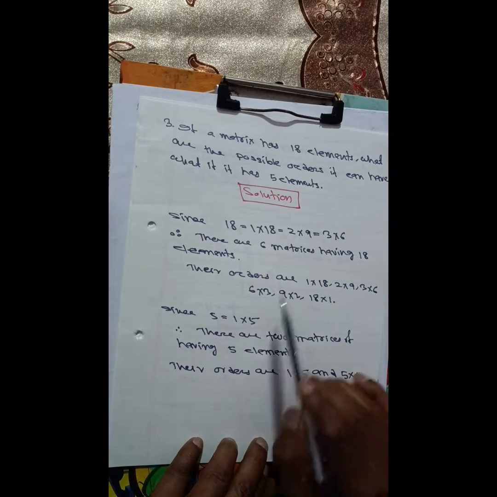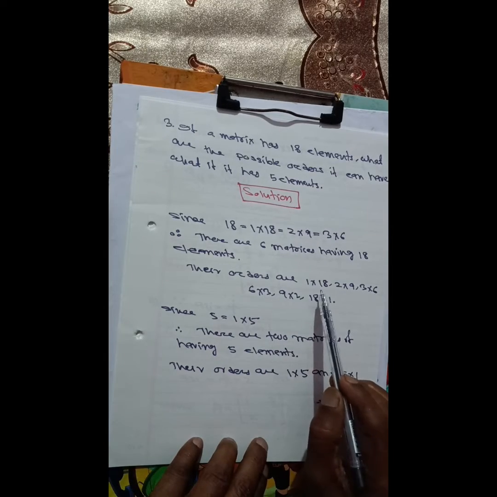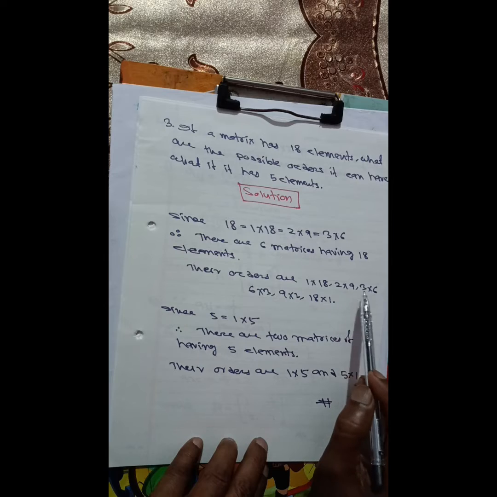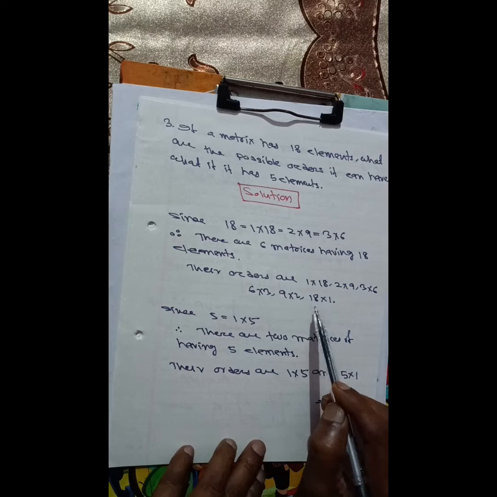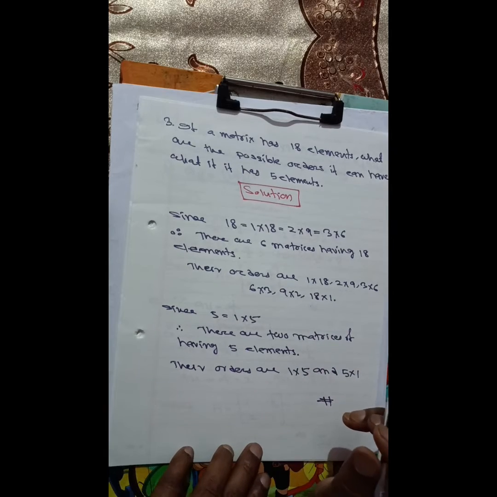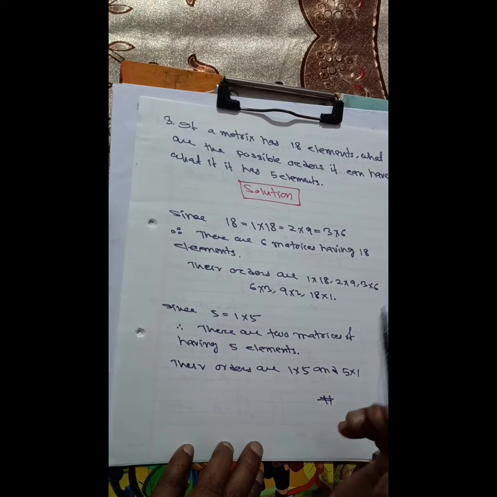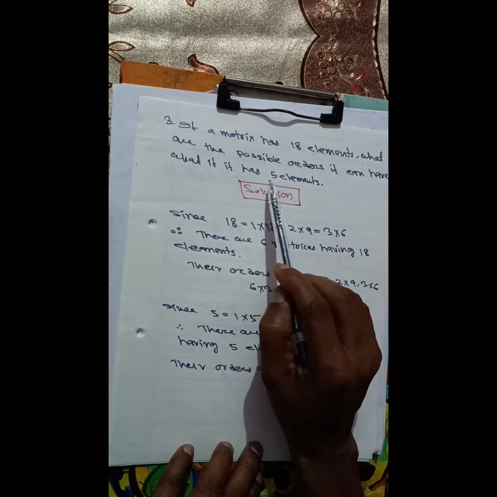Their orders are 1 by 18, 2 by 9, 3 by 6, 6 by 3, 9 by 2, and 18 by 1.